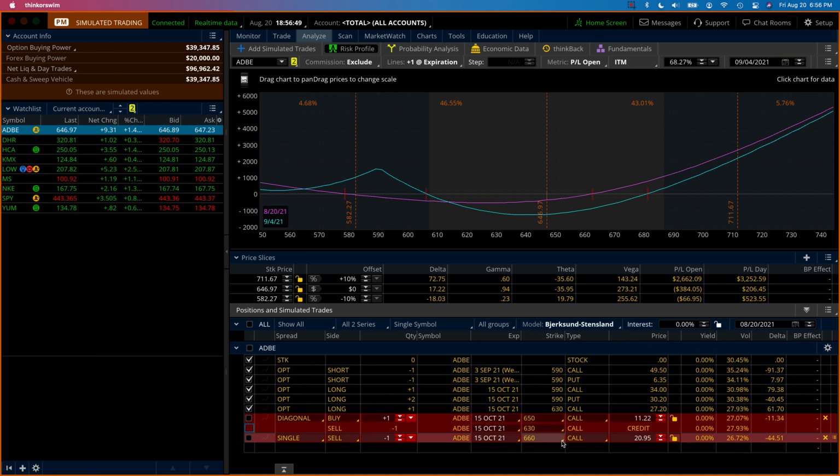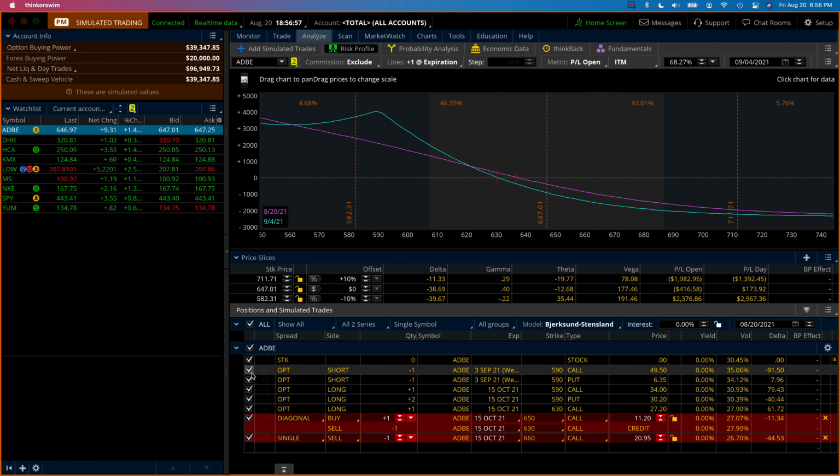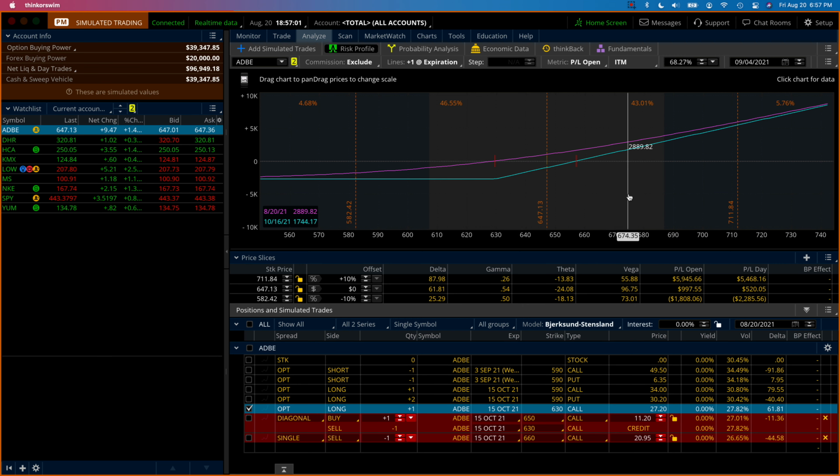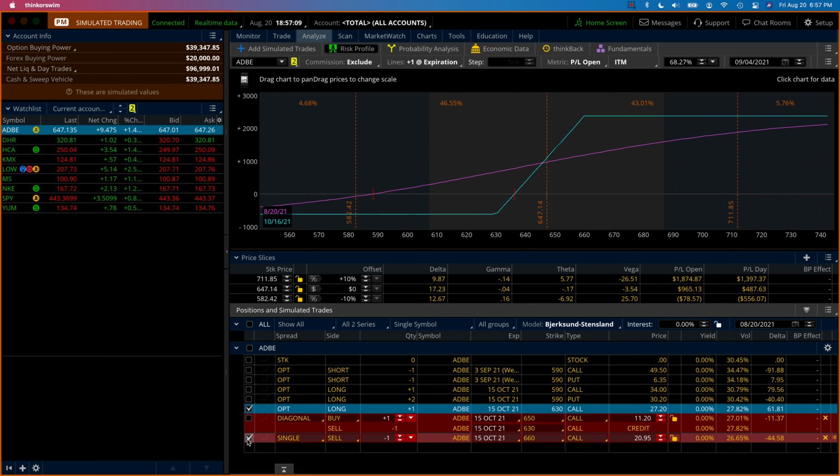Then the other possibility would be to simply sell a higher strike price to make a vertical or a diagonal with this single stock here. This is the bullish call. If I sell one higher strike price, then it becomes a vertical with $625 risk and the potential to make 2,300.